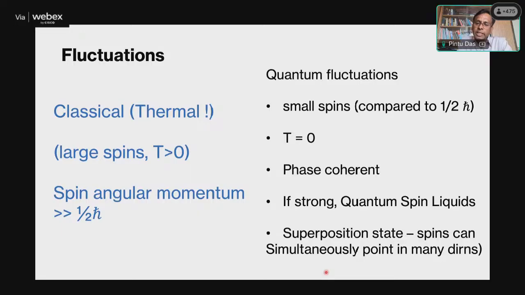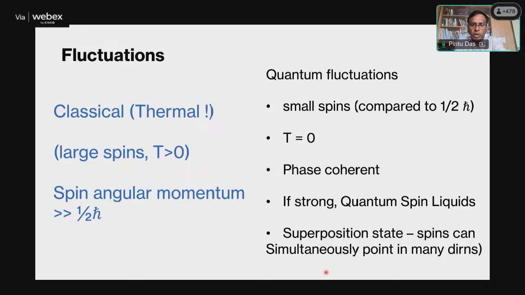Typically these fluctuations in quantum spin liquids are superposition states. That means those spins can orient in different directions simultaneously. So this is a very interesting concept, the quantum spin liquid, and it has very practical implications.